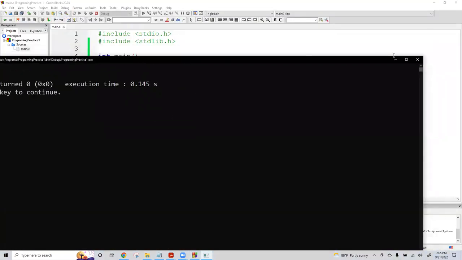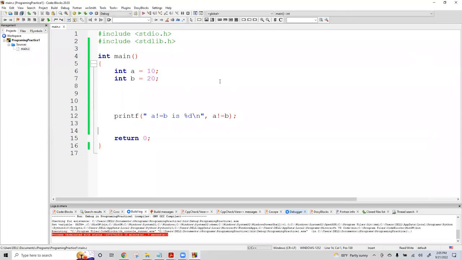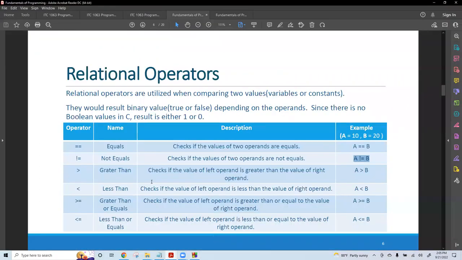So likewise, we can discuss the rest of the operators. Greater than checks if the value of the left operand is greater than the value of the right.